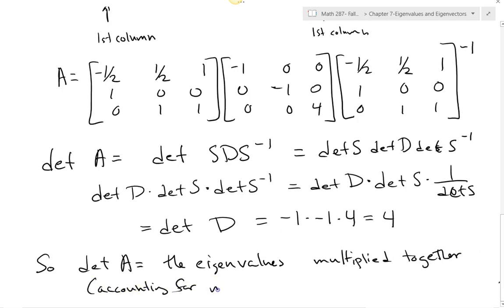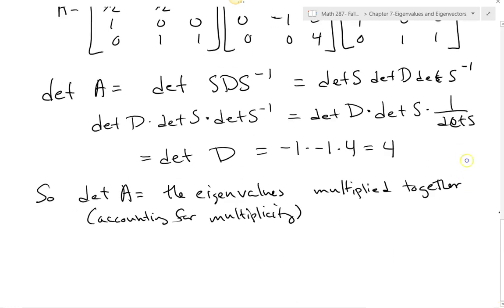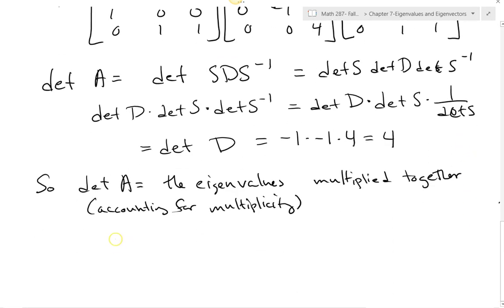So if you have an eigenvalue that has a higher algebraic multiplicity, you basically have to raise it to that power. In this case, the determinant of A equals -1 squared times 4. This was m equals 2, and this was m equals 4.